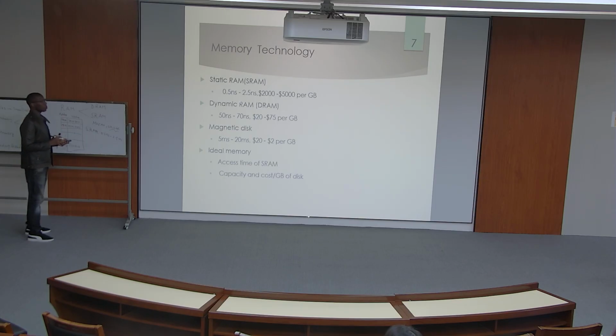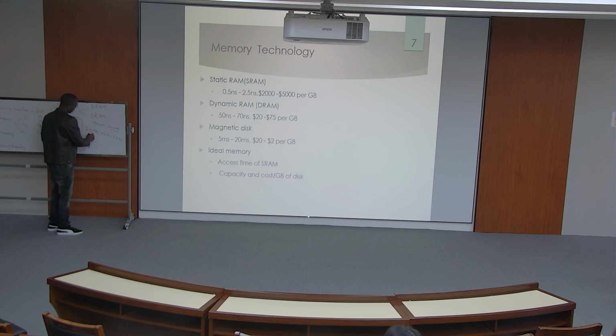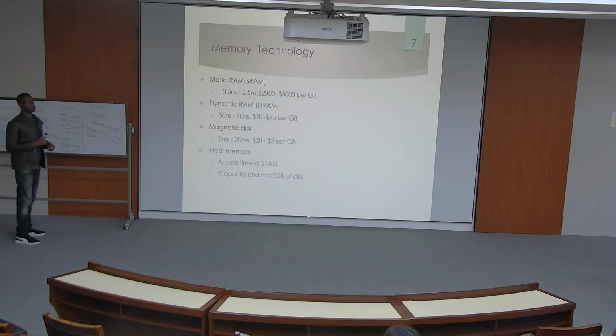That was in 2012. We have also DRAM, with a memory access time of 15 nanoseconds up to 70 nanoseconds. And you see that its cost per GB is decreasing if you compare with the SRAM that we just saw.